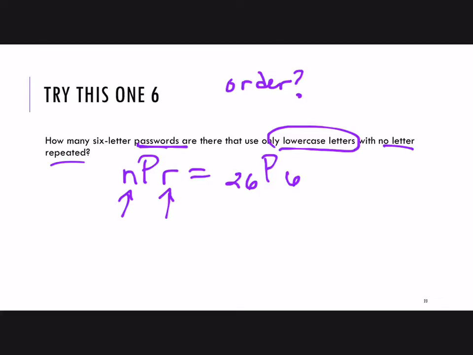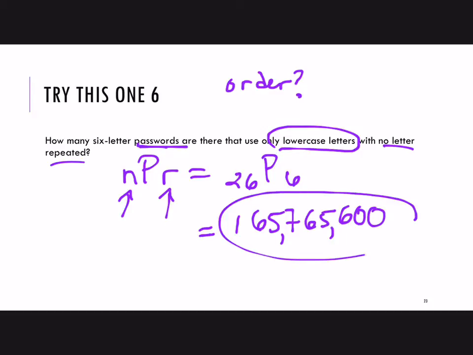So then you need to just enter that on a calculator. 26 arrange 6 is another large number. It's 165,765,600 options.